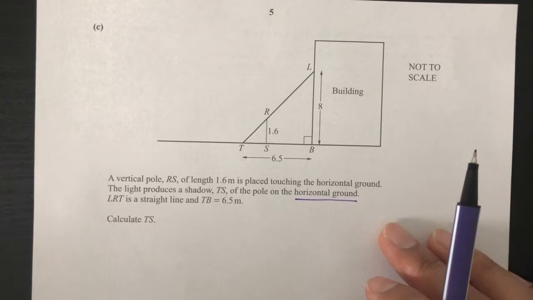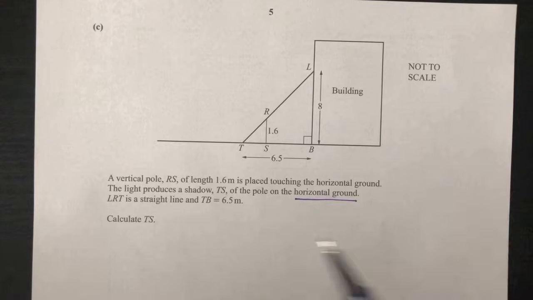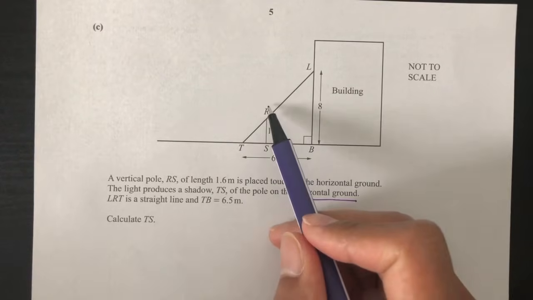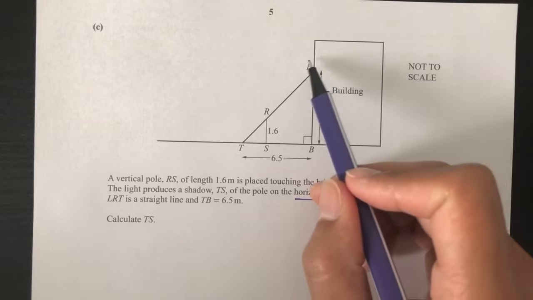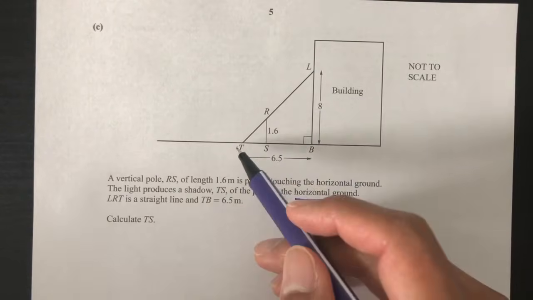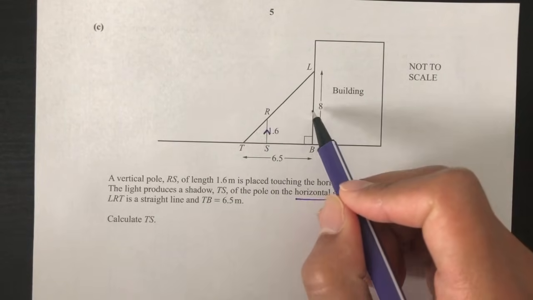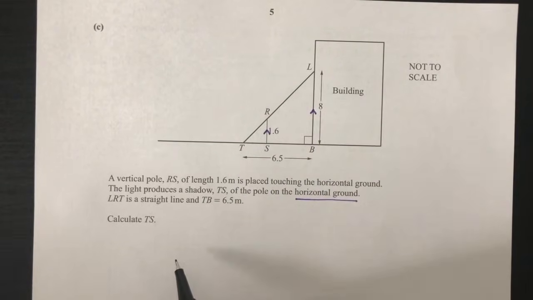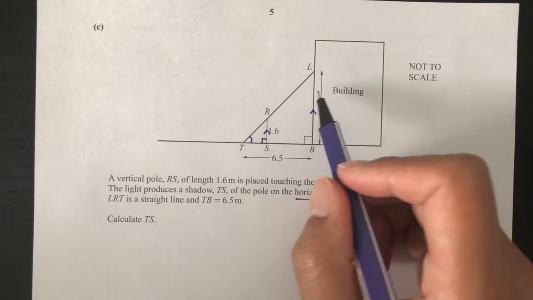If you can see that, I would say it's easy to do that way, but you have two methods of doing this question. One is by trigonometry and one is by similarity, because if you observe, triangle RTS is similar to triangle LTB because it is a small triangle inside of this big triangle. These two sides are parallel to each other, so these will be similar triangles.